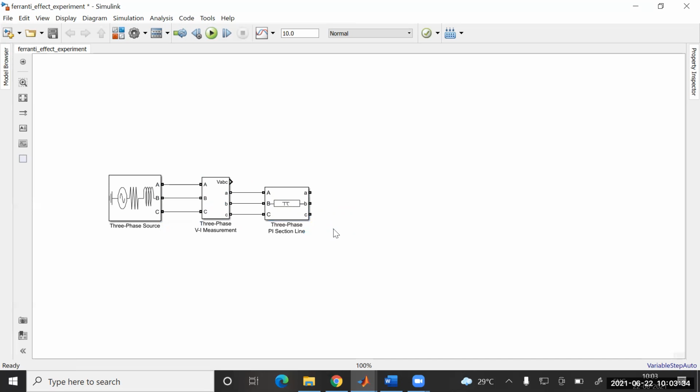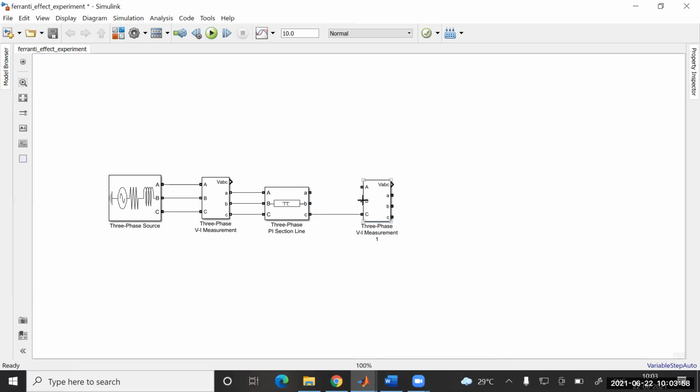Now, further we have to connect this particular thing again. Okay, this is your transmission line, the entire transmission line. So what we have to add again is this measurement unit. We'll copy and paste it over here, and it gets connected.